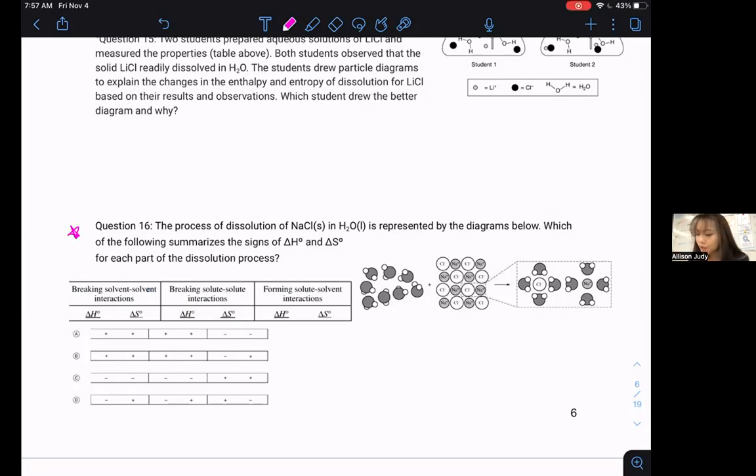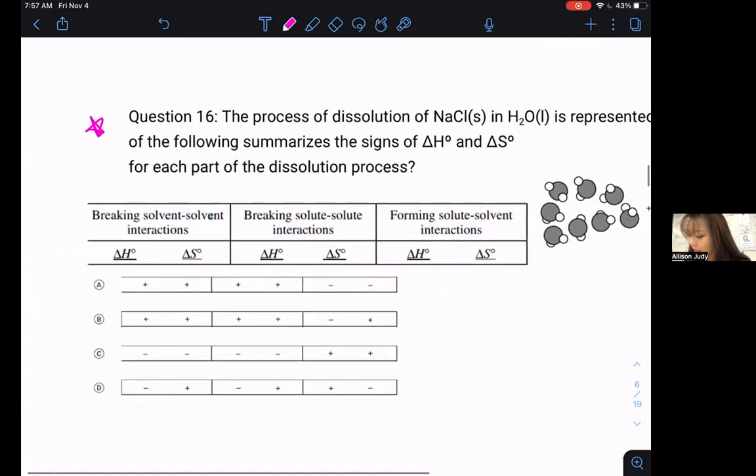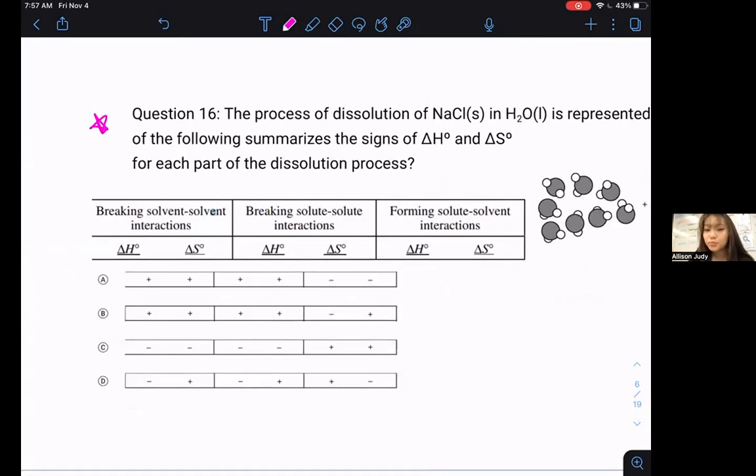So in your options, you see the process of breaking solvent-to-solvent interactions. Initially, when the two substances are separate, they have their own interactions with their own molecules. If I'm breaking intermolecular forces, I know I'm having to input energy, because I have to put in energy to start ripping them apart.